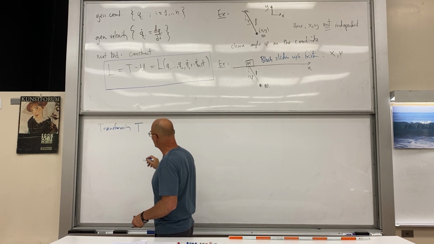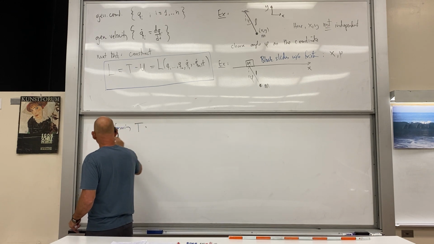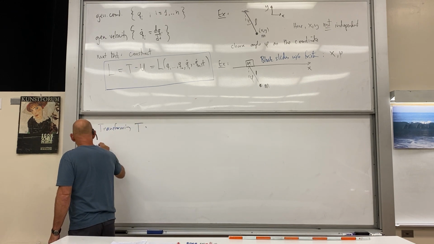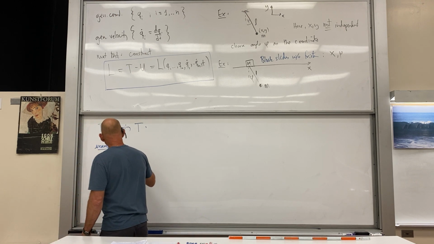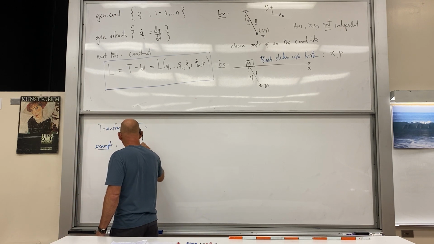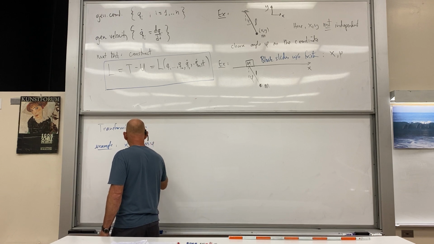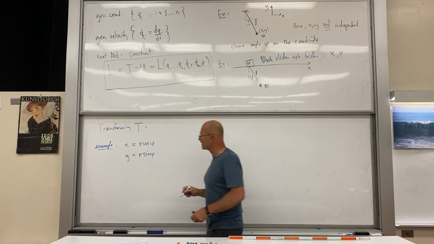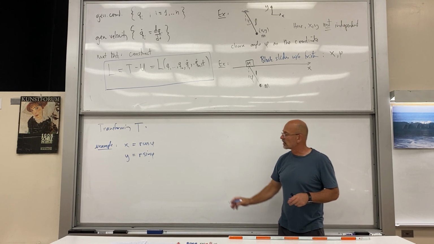So the idea is that, I'll give an example. Remember we had x was r cos phi, y is r sin phi. So we've worked a lot with the plane polar coordinates.